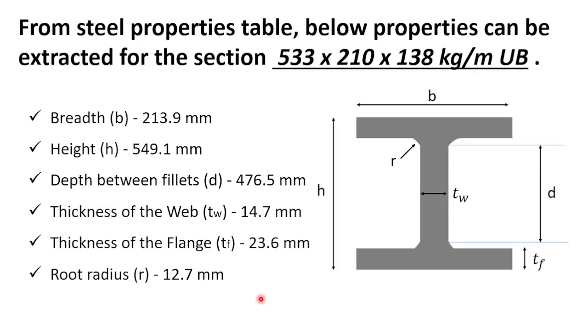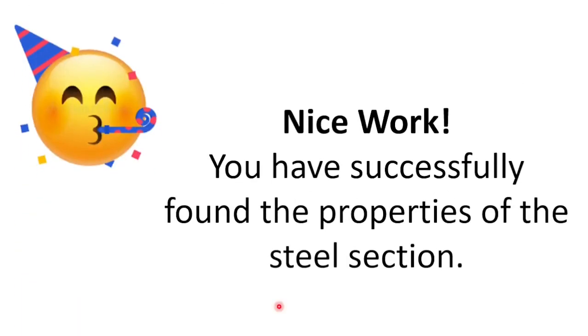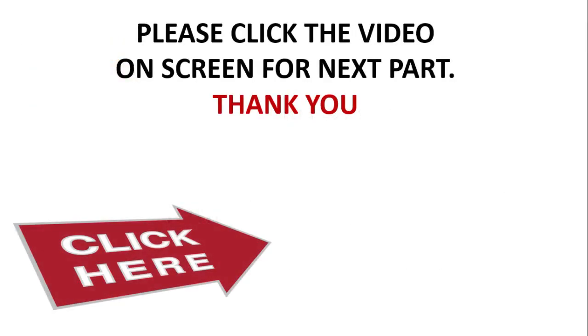So these are the properties of this section. B equals 213.9 and the height is 549.1. Like that, all the properties can be extracted from that website. Okay, now we have our section properties. That means step 2 is done. Next, we will see step 3.